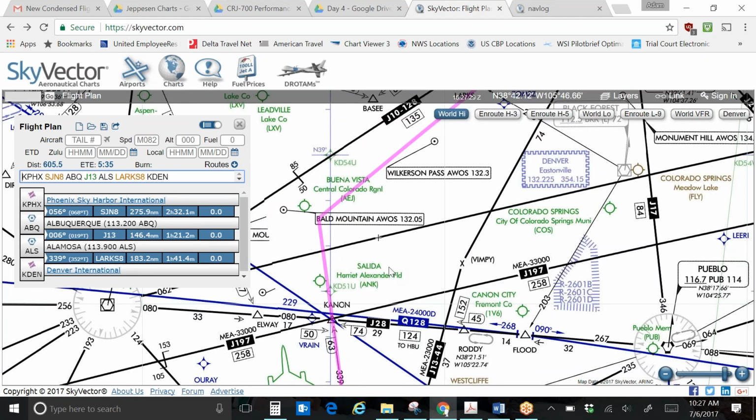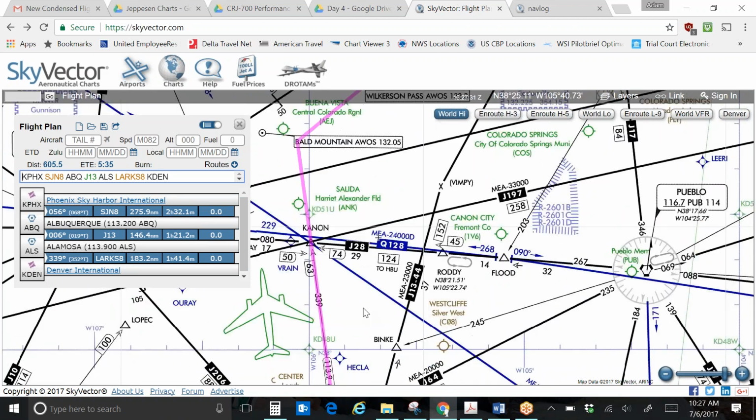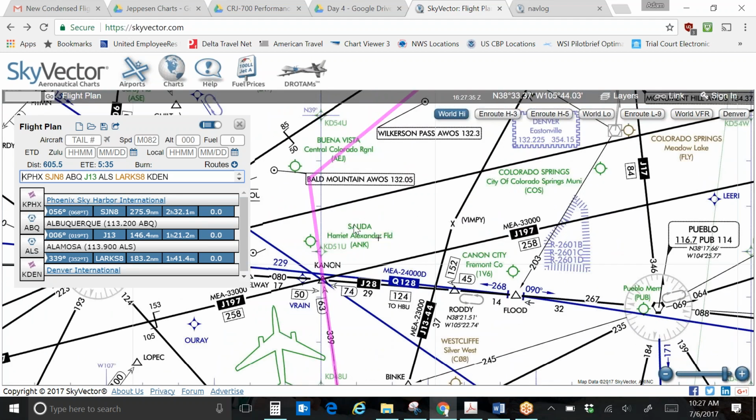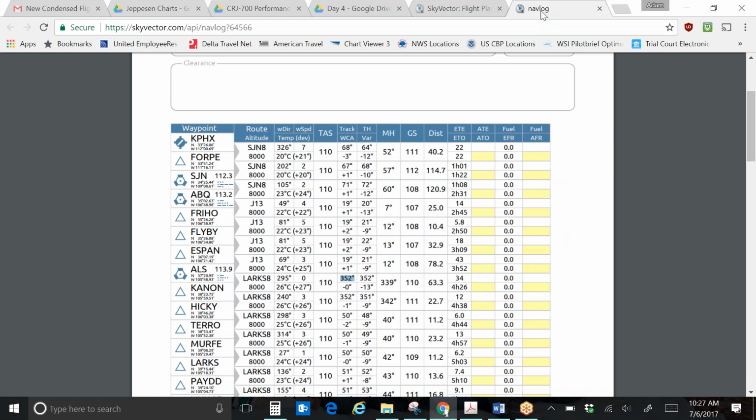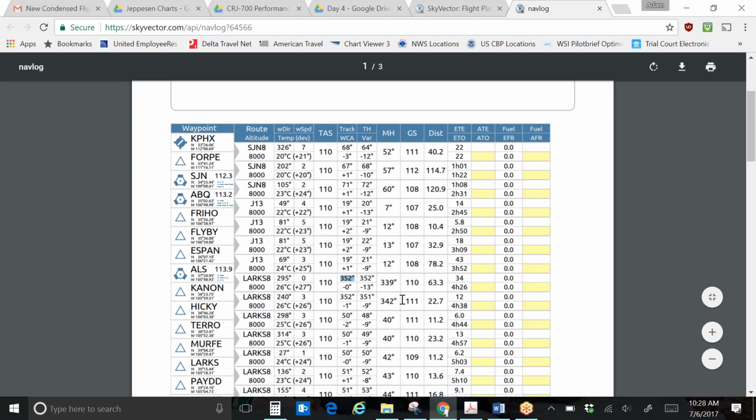So basically from Alamosa up to this, looks like it's the Hickey intersection, and then from Hickey to Taro we go to 40 degrees. So the majority of this is going to be a heading of 340, because you average the 339 and the 342, and then you're turning right for a few miles and heading at 40.